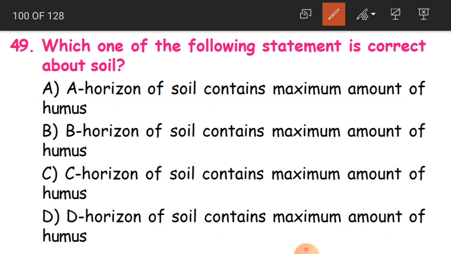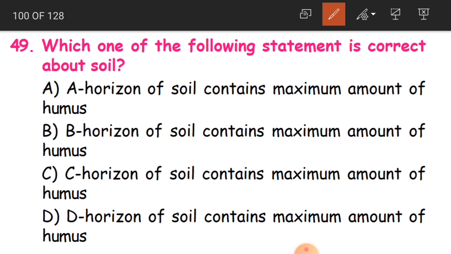So here you have four statements A, B, C and D, children. From these four statements, which is correct about soil? Here we are talking about the horizons of soil. Actually we have 6 horizons of soil like O, A, E, B, C and so on.